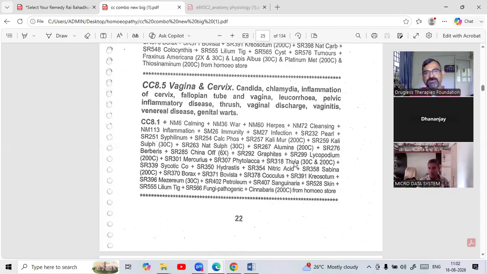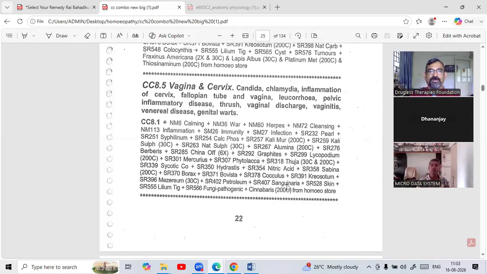These are the remedies, and graphites, whose specialty is a honey-like secretion from anywhere in the body. They added many things along with that, so that any sort of secretion, vaginal secretion, will be covered by this remedy.